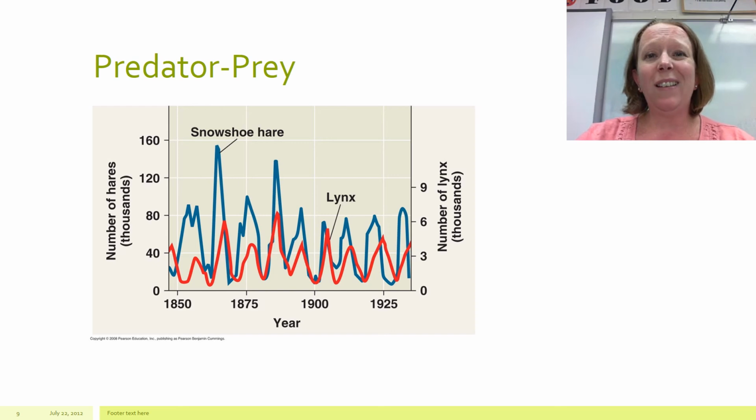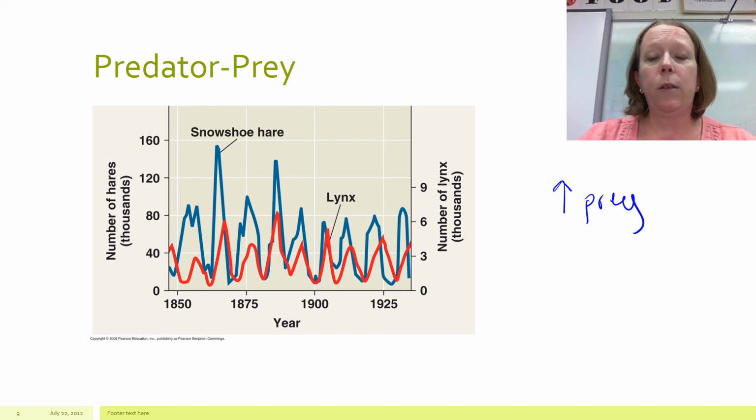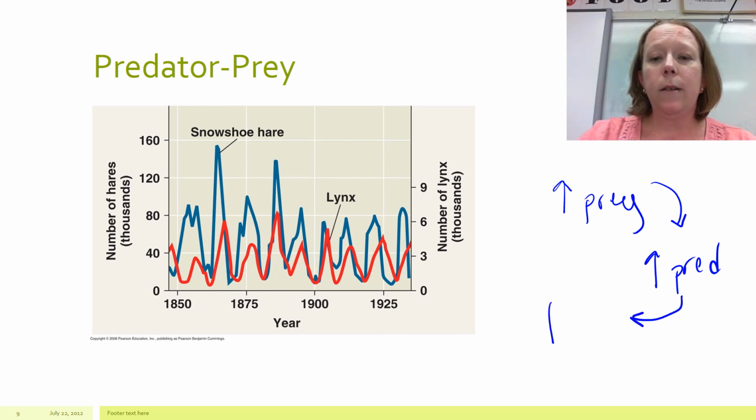So the way I like to show this is, if the prey population is high, how's that going to affect the predator population? Well, it's going to cause the predator population to rise because there's plenty of food available. When the predator population rises, that's going to cause the prey population to decrease because they're going to be eating them all.